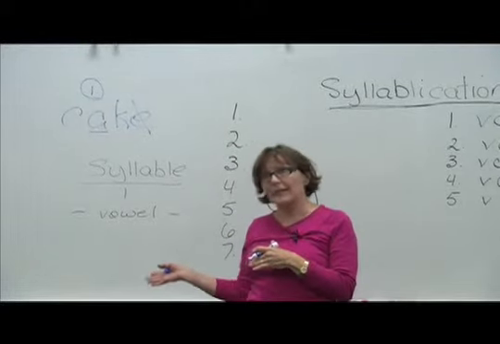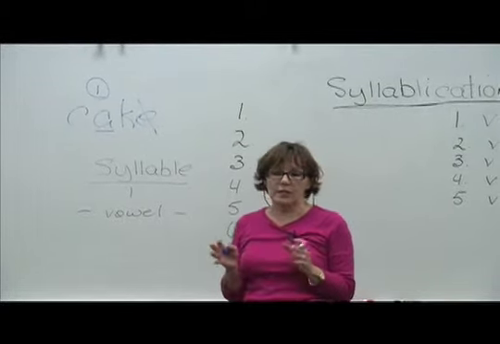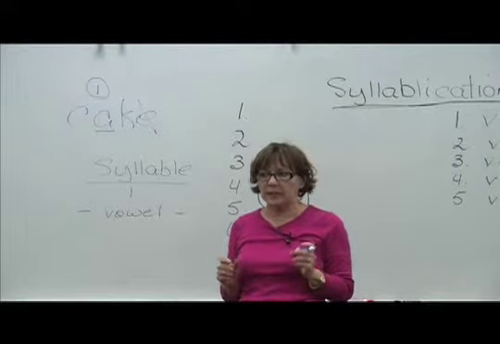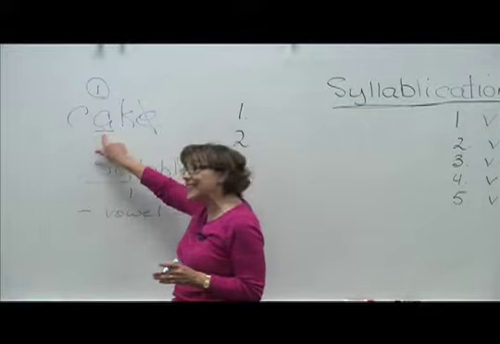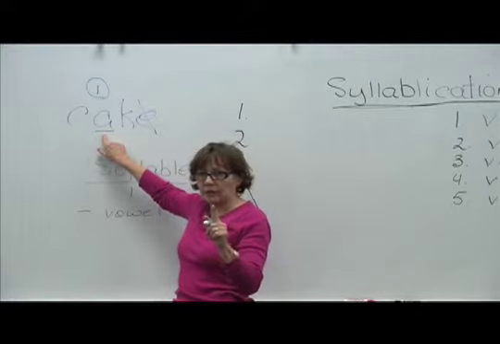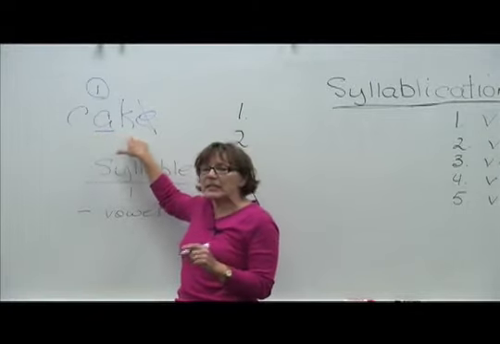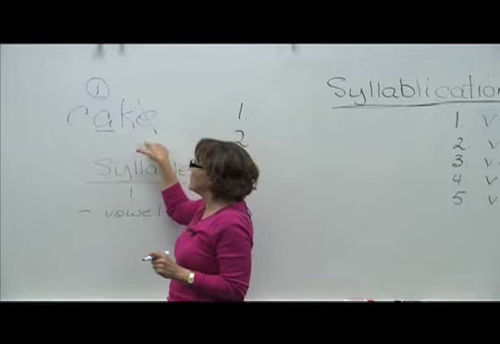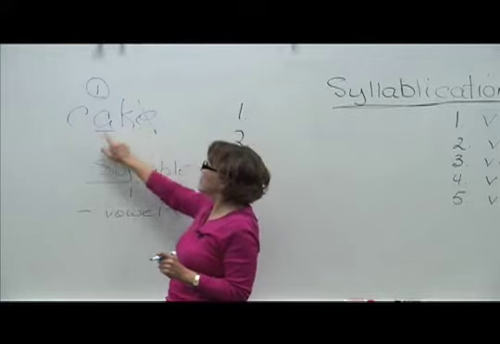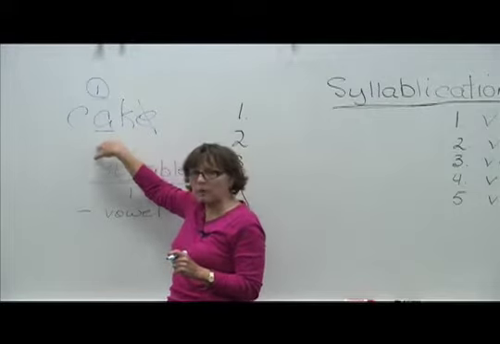So connecting that to my definition of what a syllable is, a syllable can be either a part of a word or a word with at least one vowel that you can hear. So if I just listen phonemically to this word, cake, that E is silent. Because that's silent, it makes that vowel say its name or make it long.